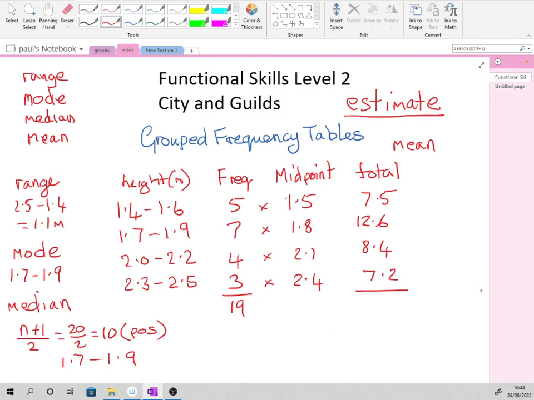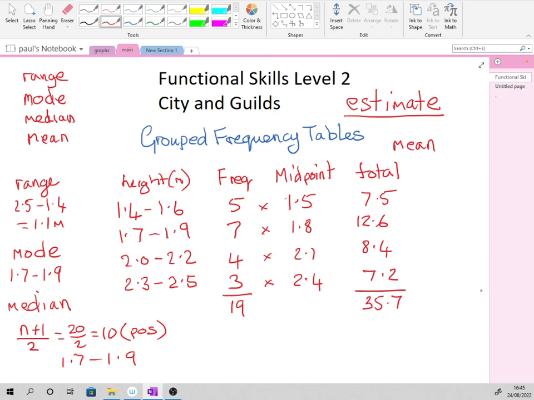Right, now we need to add all this up because this will give us the total estimated height of everything. Yeah, so 7.2 plus 8.4 plus 12.6 plus 7.5. All right, 35.7.